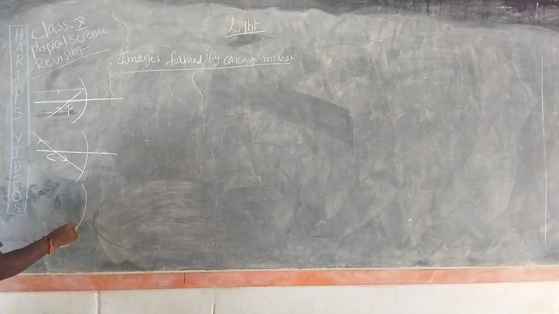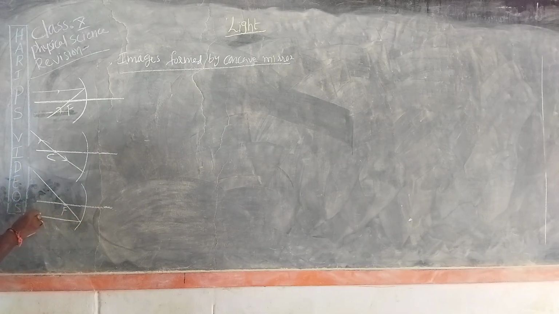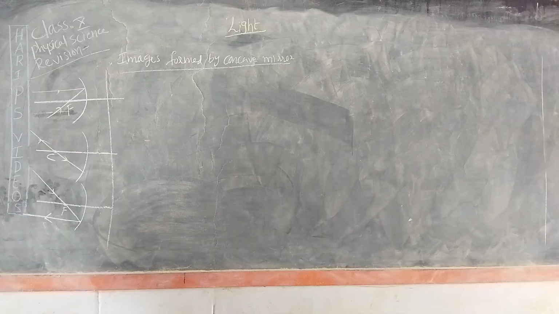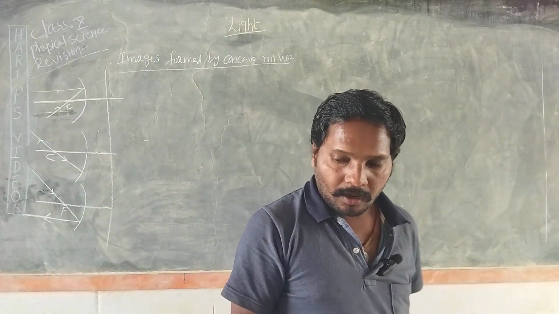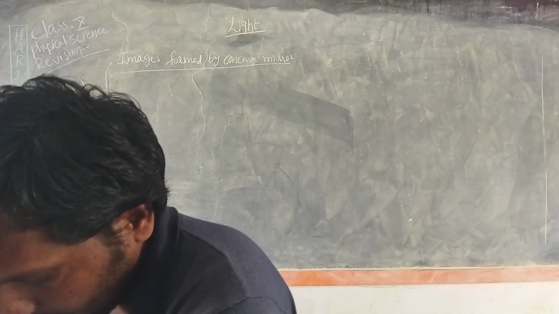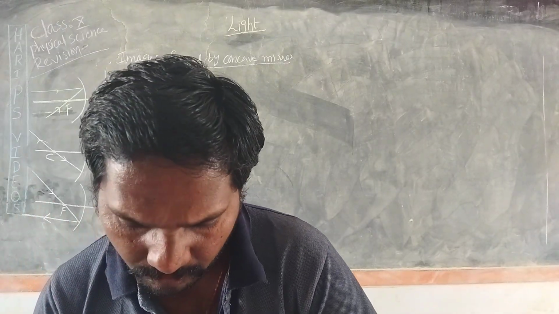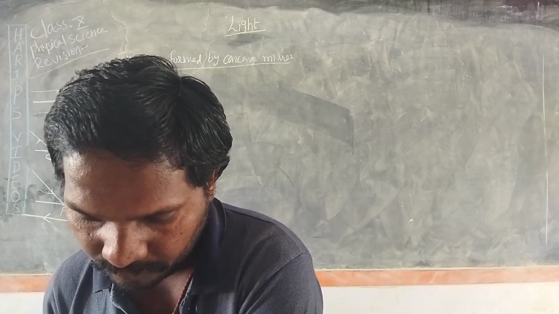Then, if the light passes through the focus, it is reflected parallel to the principal axis. So these are the rules of knowing the image. Now let us discuss one after one.